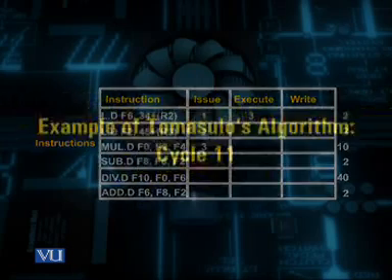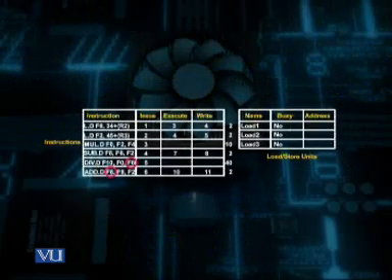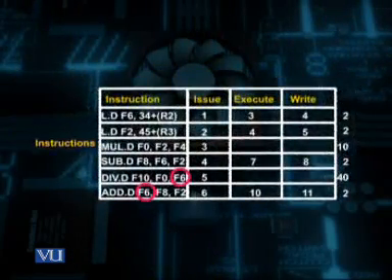Whereas in cycle 11, as you can see from here, Tomasulo eliminates the WAR hazard, that is the write after read hazard, as in this example, add writes the result in cycle 11, even if divide will start execution in cycle 16.